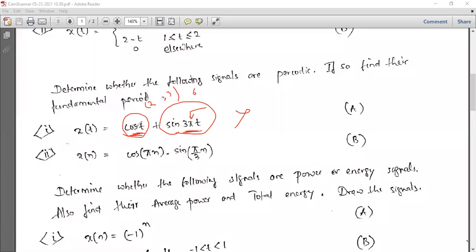But if you do not have pi in both, or you have pi in one and not in the other, then it may be aperiodic. It's a special case where, in your LCM, you cannot write a pi for the combination. Okay. So that was that.